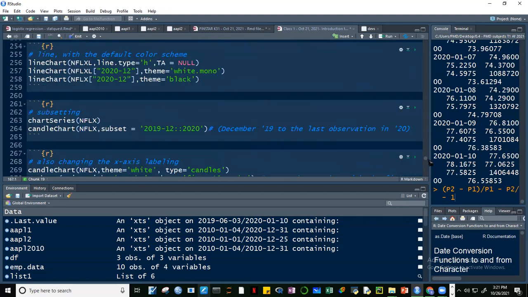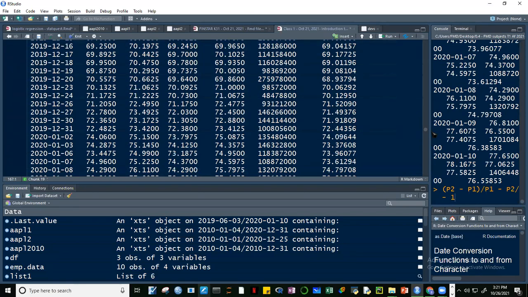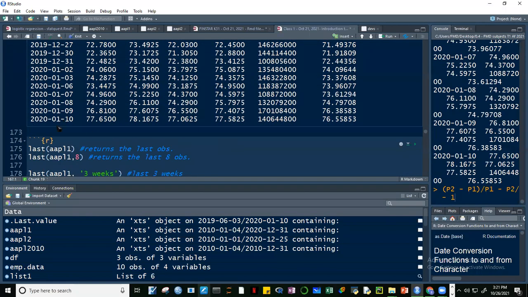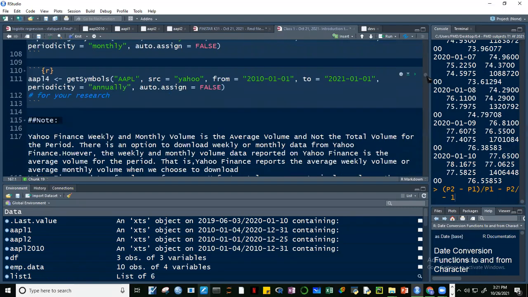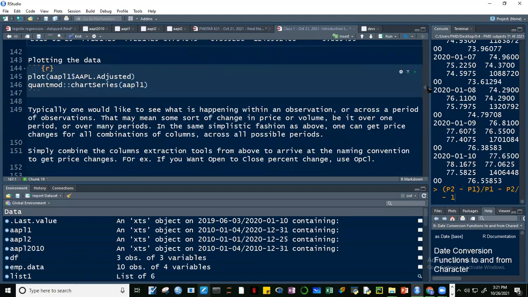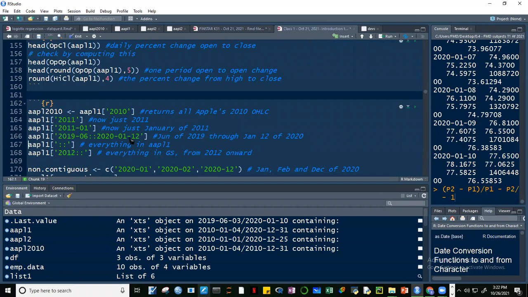Until, that's January 10 of 2020. Did it give us the data that we asked for? Okay, so this is January 12, but since January 11 and 12 are weekends, it did not give us the data for January 11 and January 12.